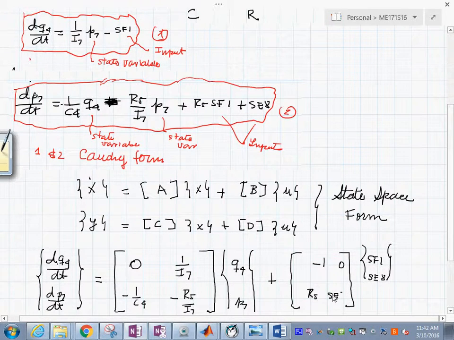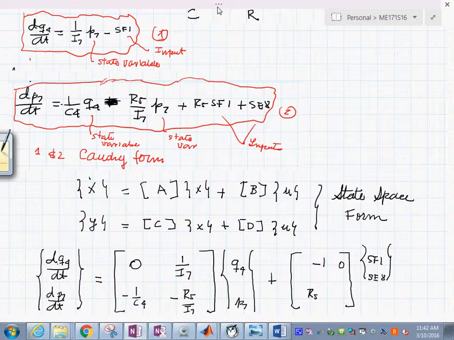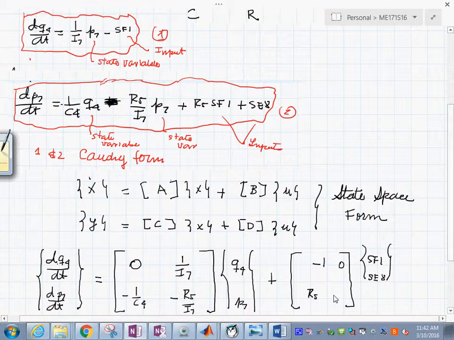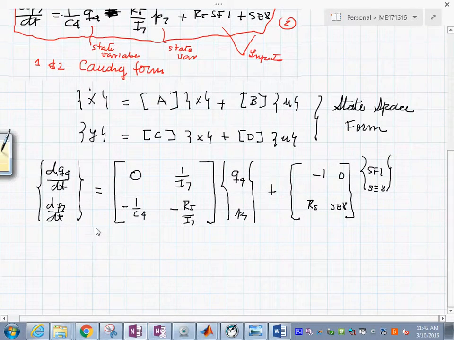Okay, what I'm trying to tell you is that CAMPG did all this for you. This is also a state space computer generated form. Now I don't know exactly whether CAMPG put first the q sub 4 variable or the p7 variable.